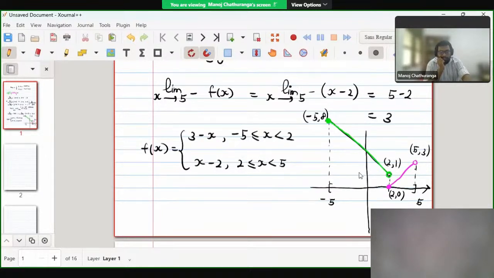Left continuous. Likewise, at -5, we can say definitely the function is right continuous. When you approach -5 from the right hand side, the right limit agrees with the function value at -5. Therefore, it is right continuous. So we see a nice colored ball here, but on the other hand, at 5 we have a hole.